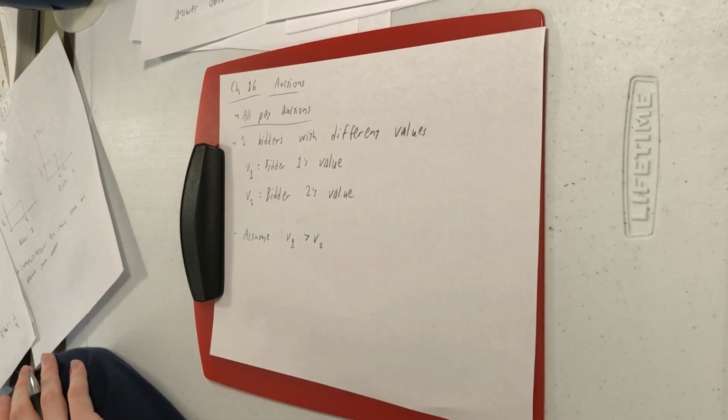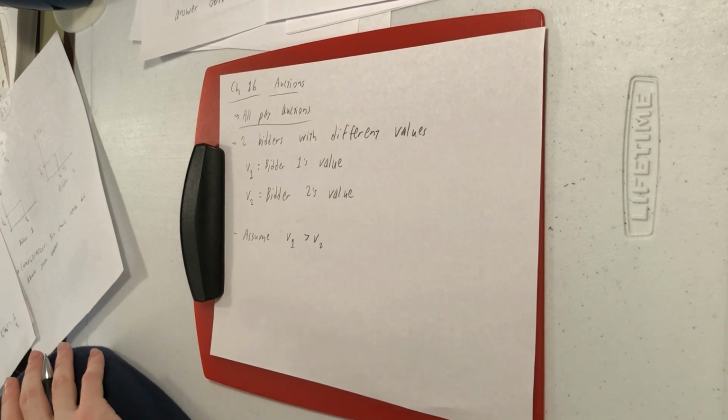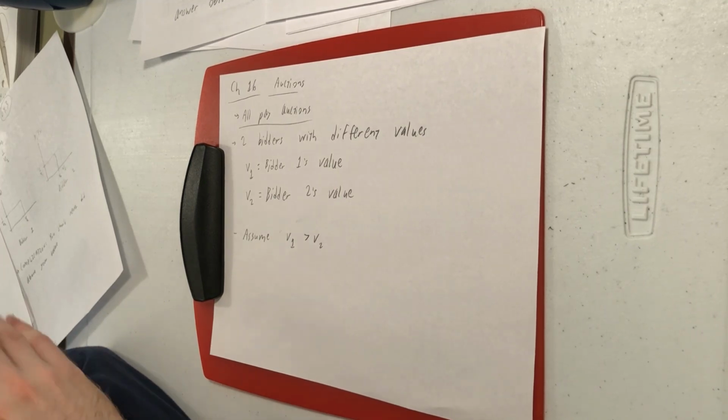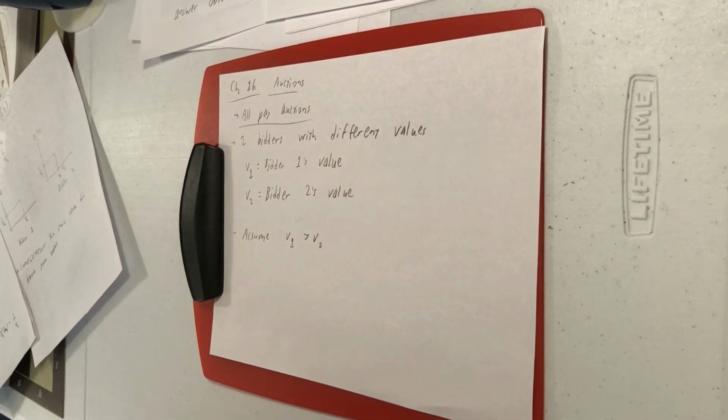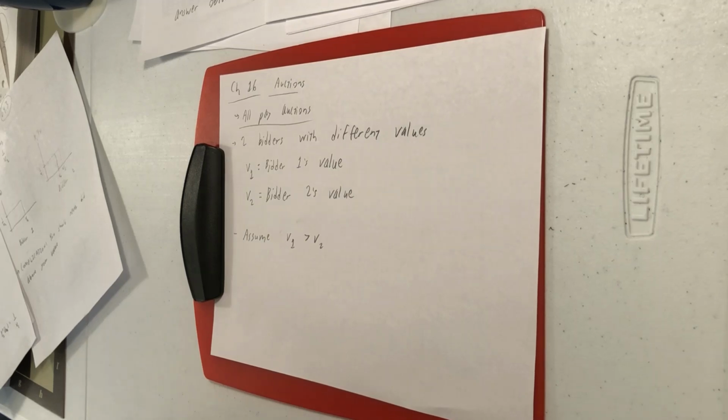Let's say our two bidders are, who are some of our usual volunteers in class? I think Samuel volunteers a lot, and sometimes Rachel volunteers. Let's say Samuel and Rachel are at this auction. Let's say that Samuel has a higher value than Rachel does. Samuel thinks the object's more valuable than Rachel thinks it is.